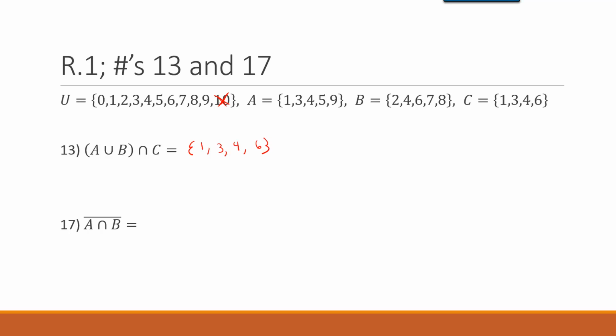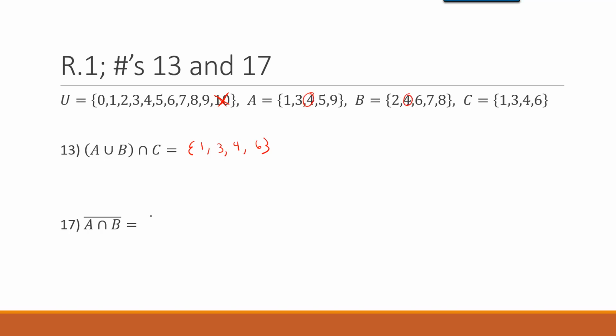Now, number 17, it asks for the complement, that's what the bar means, of the intersection of A and B. That means that we're looking for the opposite of the intersection of A and B. Well, the only number that both A and B have in common is 4. So that's their intersection.